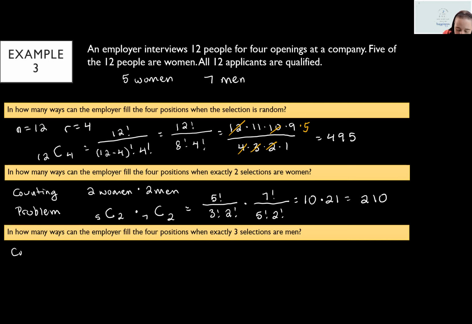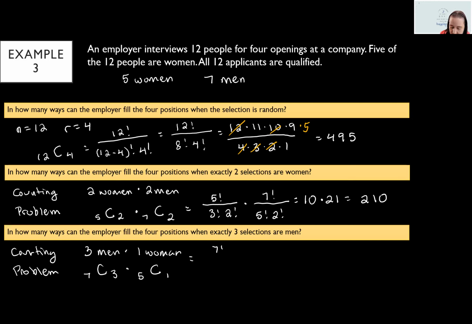So this is another counting problem, because we need to multiply these. So we've got 3 men, which means that we have 1 woman. So we're doing 7 choose 3 to choose 3 out of the 7 men, and then 5 choose 1 for the remaining woman.